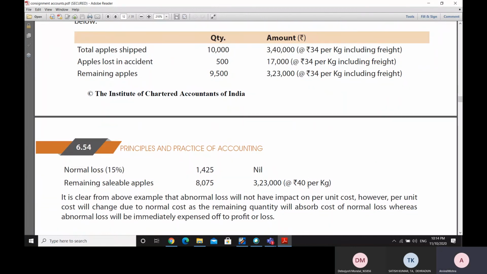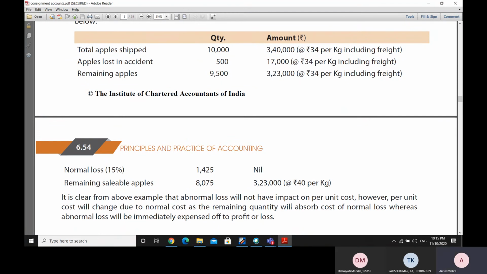The 40 rupees per kg is the cost of the remaining saleable apples after the abnormal loss and the normal loss. So this is the way the cost of the remaining saleable apples will be calculated.